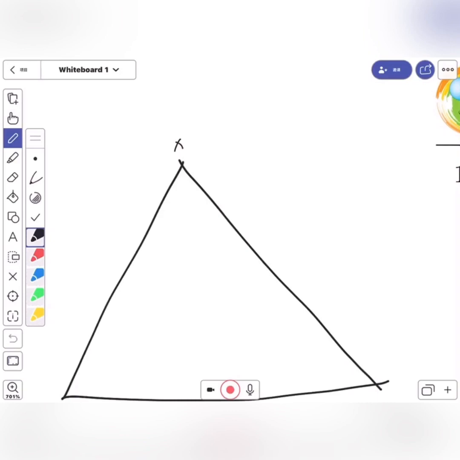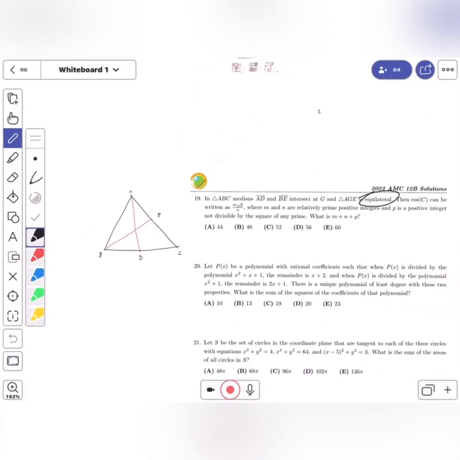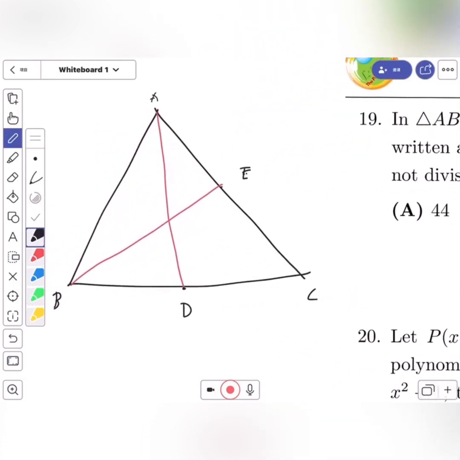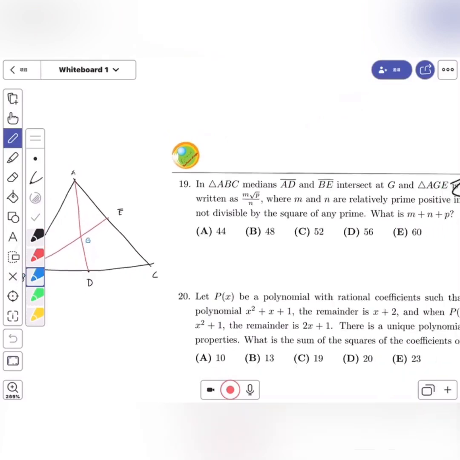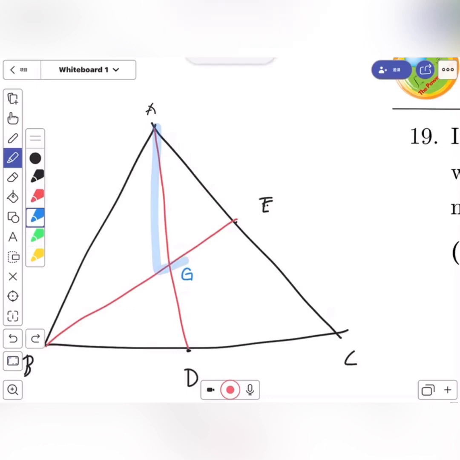Just mark this A, B, and C. Now the medians AD and BE, which would be D and E respectively, intersect at G. And it's saying that triangle AGE is equilateral, so basically this triangle is equilateral.